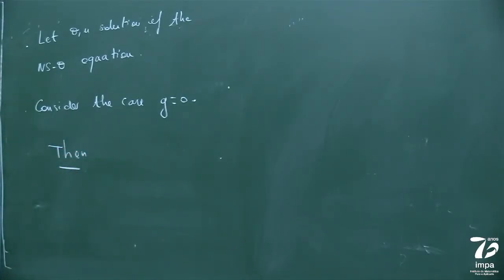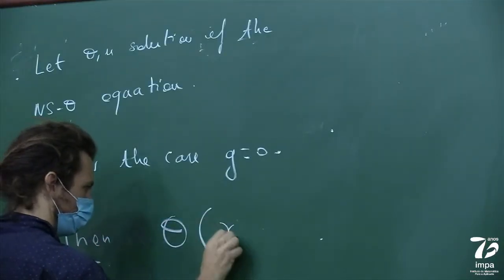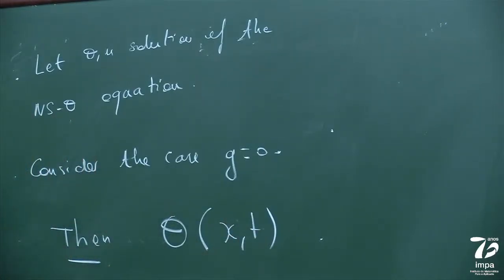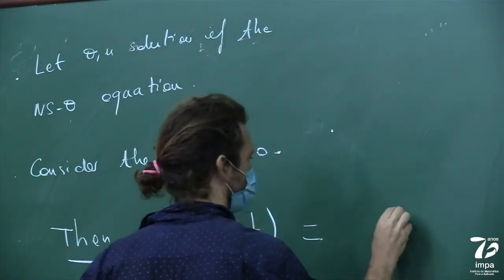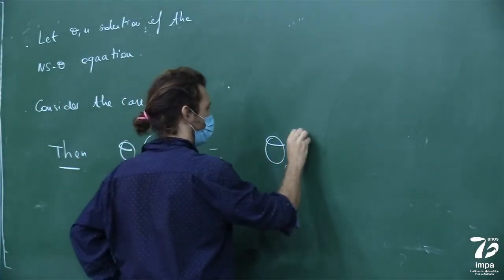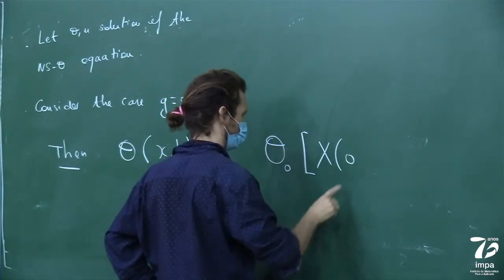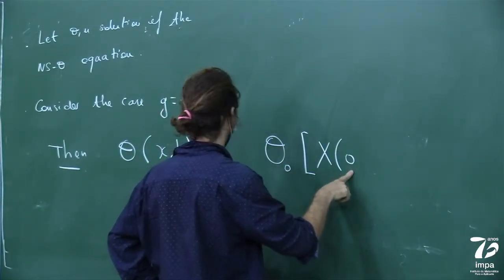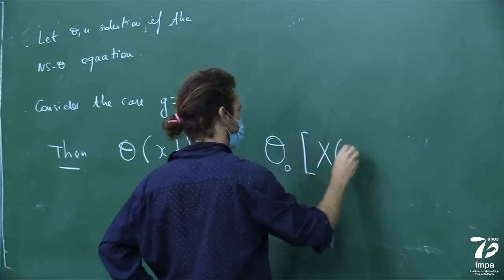Then the scalar at a given position in time and space can be expressed in terms of the initial data at time 0. We average over certain trajectories that we are going to call x tilde.